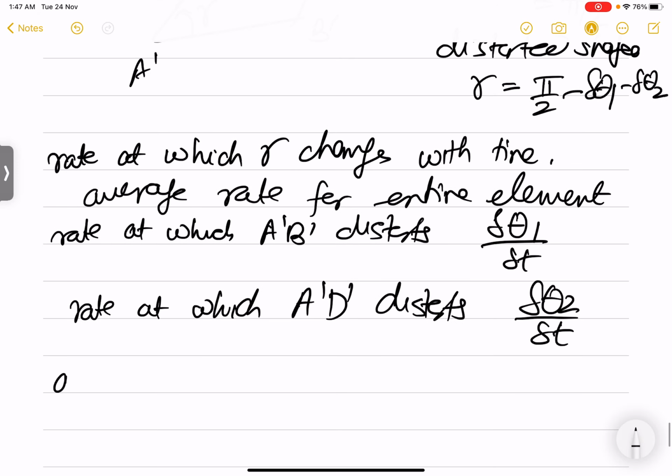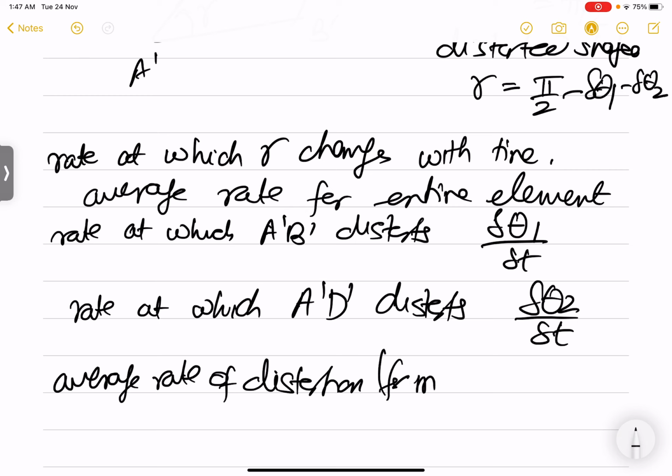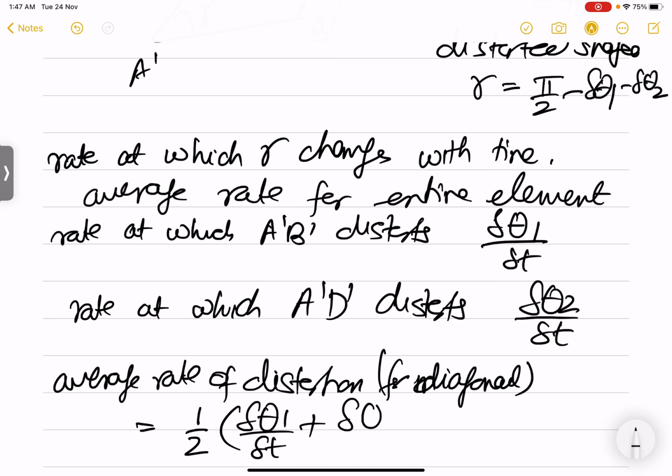So once again, the average rate of distortion for the element, or we could think of it as the average rate of distortion for the diagonal, this will be equal to half of delta theta 1 by delta t plus delta theta 2 by delta t.